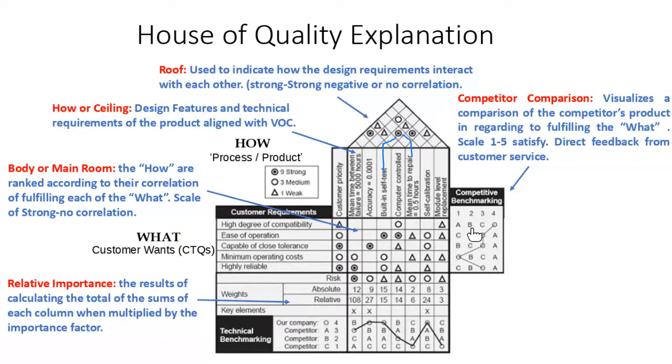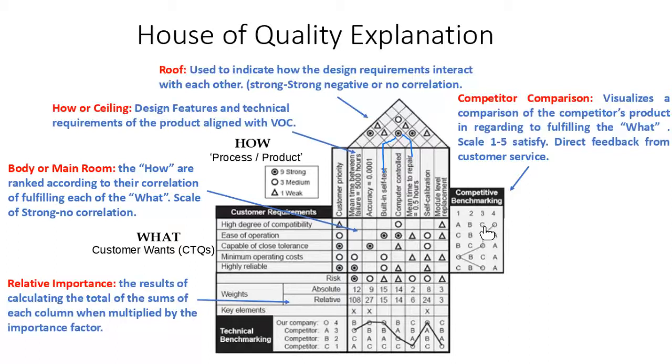A, B, C, and O, all these abbreviations are either the company's name or the operator's name. For example, here the O stands for our company, the company who built this house of quality tool.